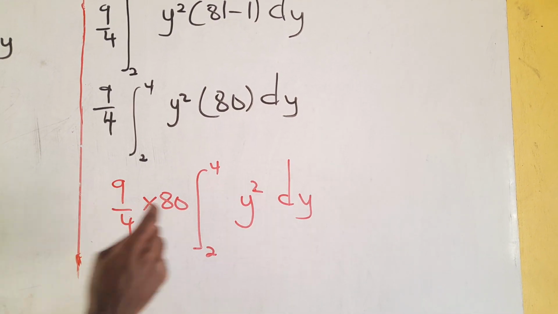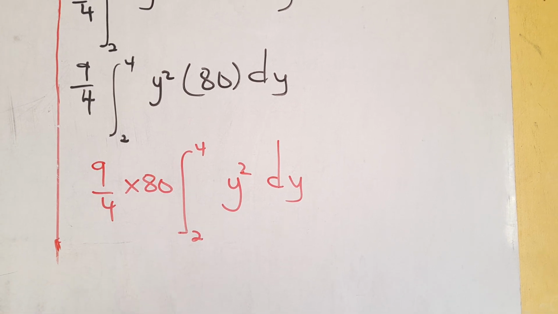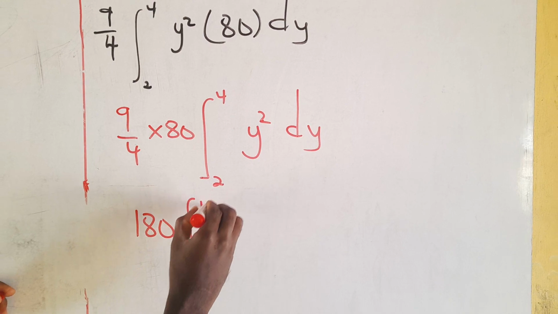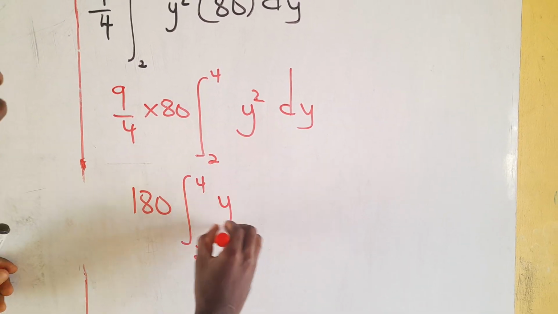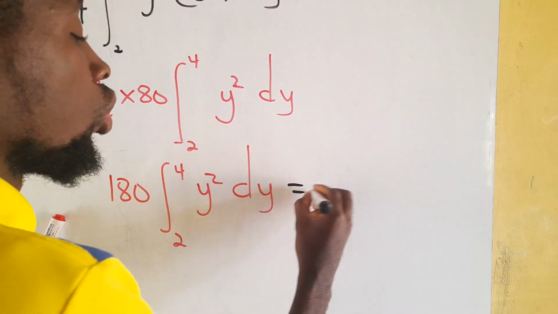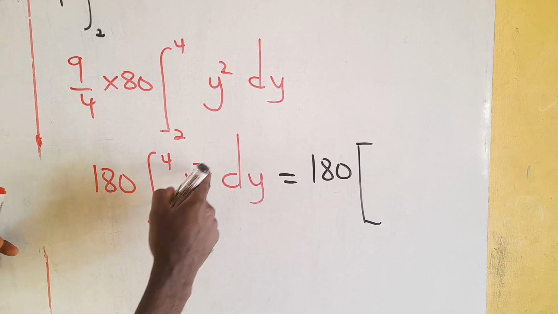So 4 will go into 80, 20 times 9. That will be 180. So we'll have 180 integral from 2 to 4. Then we integrate y squared dy. So how do we integrate this? When we are performing integration, we add 1.